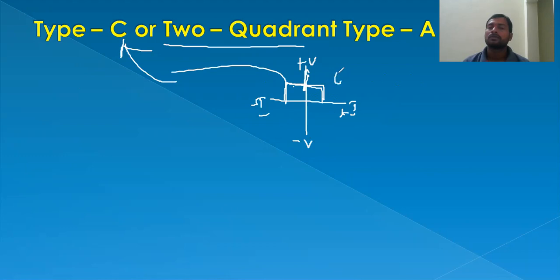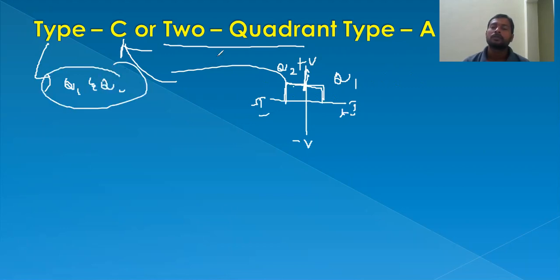So this is Q1, coordinate 1, and this is the second coordinate. So class C chopper is nothing but a combination of Q1 and Q2. Class A chopper circuit and class B chopper circuit collectively together are called class C chopper.